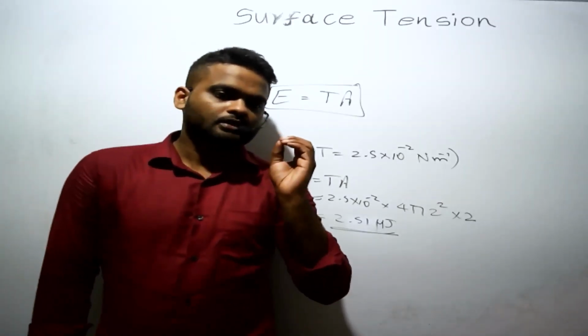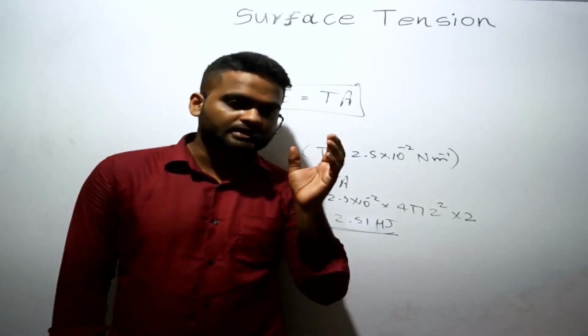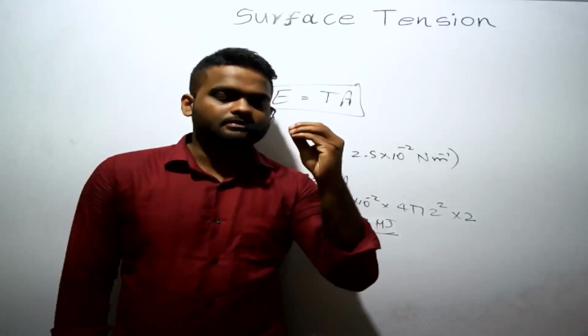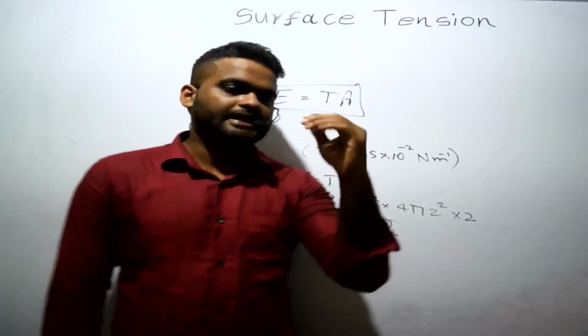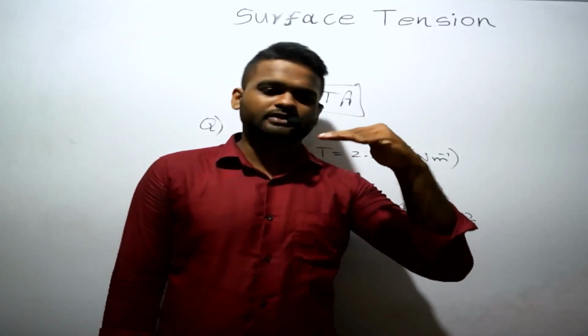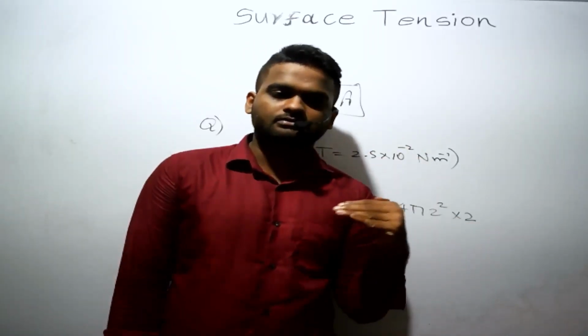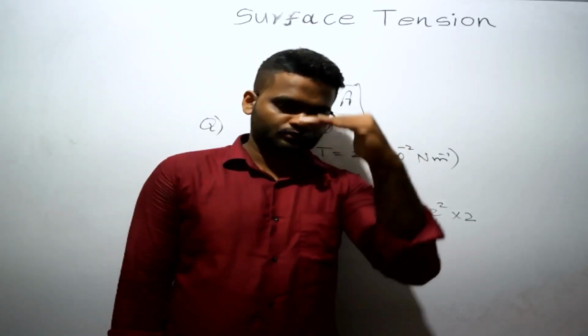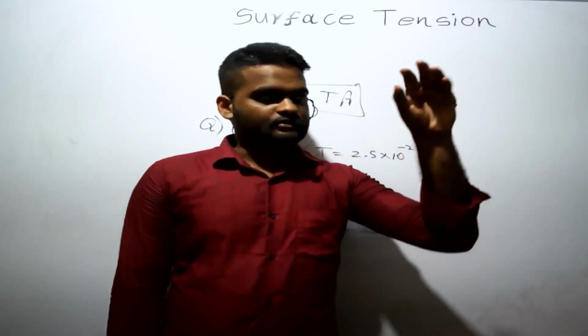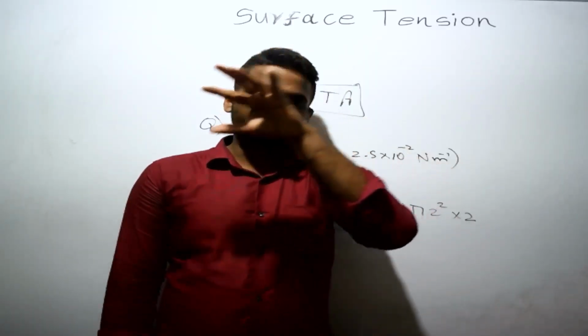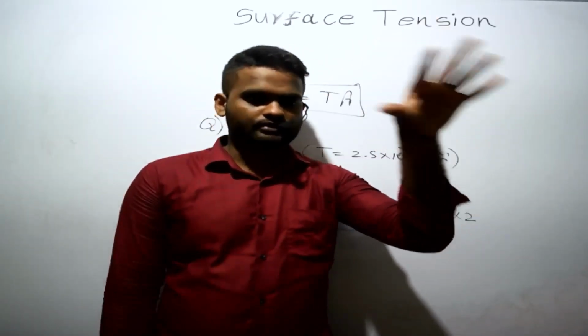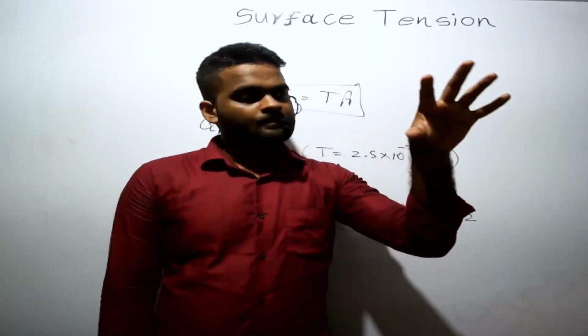So you know, in mechanics you have learned any system is always trying to keep its potential energy or the energy to a minimum value. You have learned that, right? That's why there are three types of equilibriums: neutral, unstable, stable.